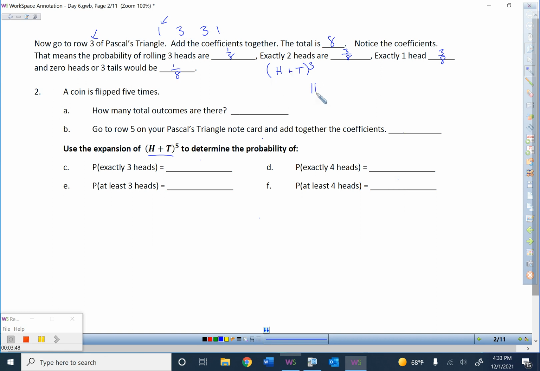Well, if you have h to the 2nd power, then the tails would have to be to the 1st power, and we've got a total of 3. Then the next one says heads to the 1st power, tails to the 2nd power. And the last one is our 1 going with all of the tails.